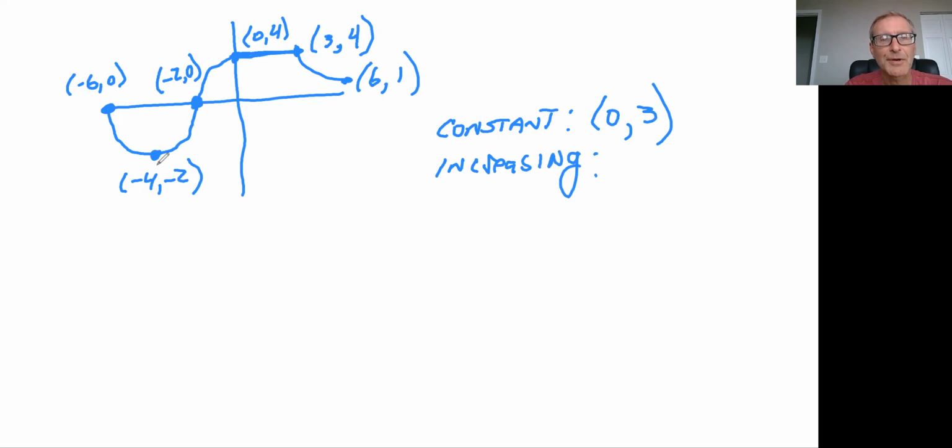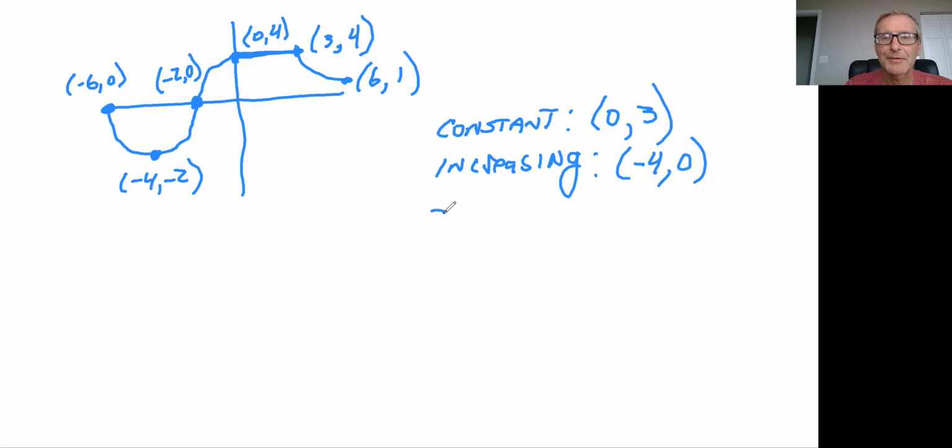So that would start down here at x equals -4, and we're increasing all the way till we get to x equals 0. You can see we're continuing to go up. As x gets bigger, y gets bigger with it, right? So it goes in the same direction. So that would start at -4, and that would go all the way to 0.